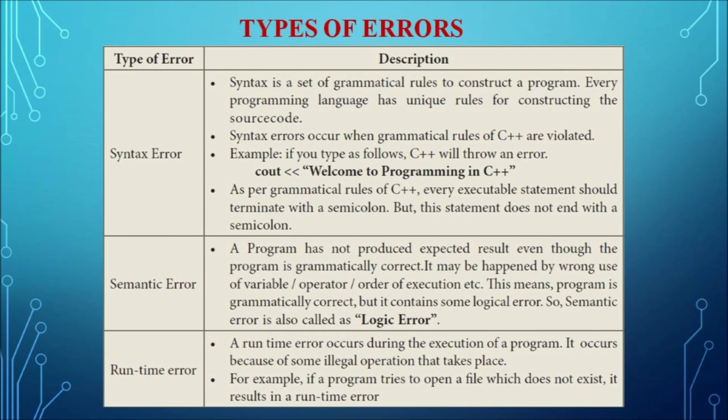The last topic which we are going to see is the types of errors. In case any error is found in the program, how are the errors categorized and grouped? There are three common types of errors. The first one is syntax error. Syntax is nothing but a set of grammatical rules to construct a program.